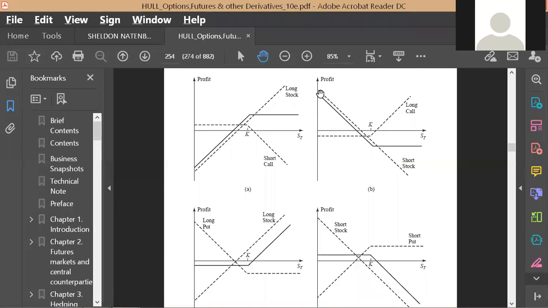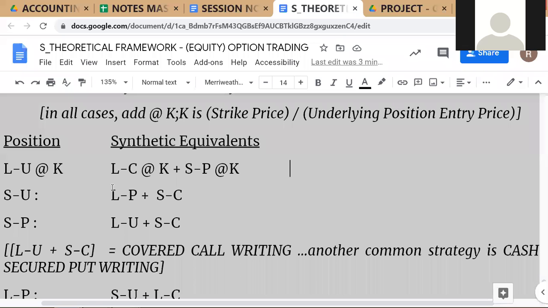Therefore, you have to recreate that with options, and the answer would be you have to have a long put and a short call to give you this profile, and that's how you create it. That's why the answer for short underlying is long put and short call.